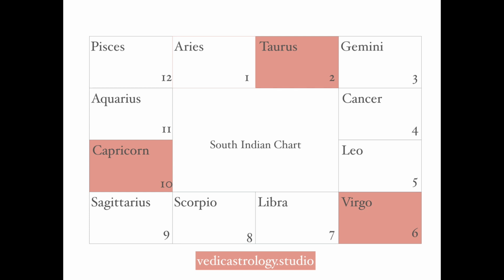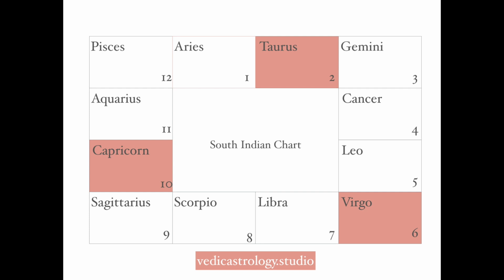So Taurus, Virgo, and Capricorn are the earth signs, and these people have their feet firmly on the ground. So they are driven, but they're driven in a more materialistic and pragmatic way. They want to make sure that the food is on the table first, the bills are paid first, then we can talk about other things.